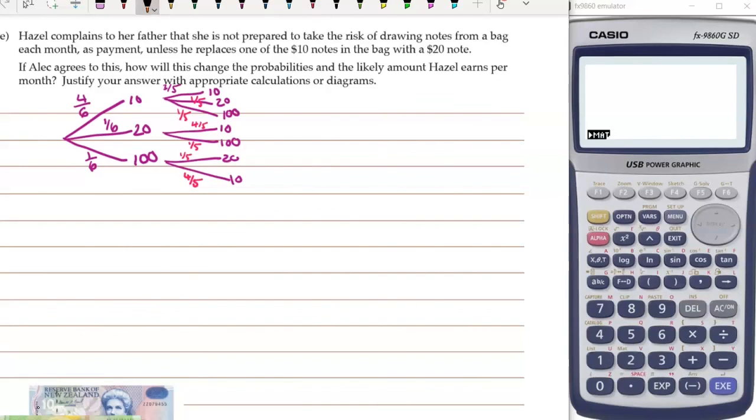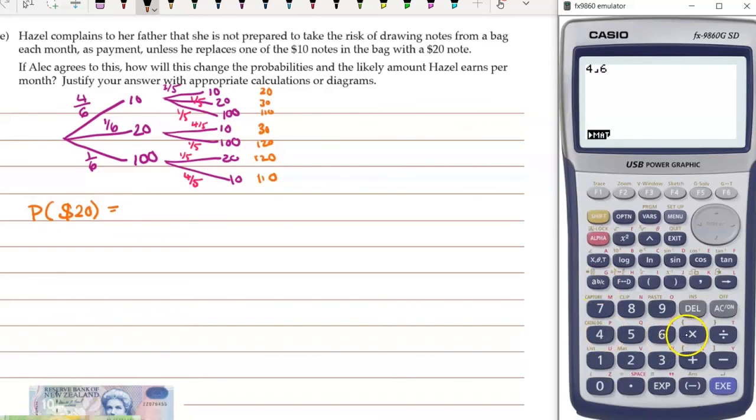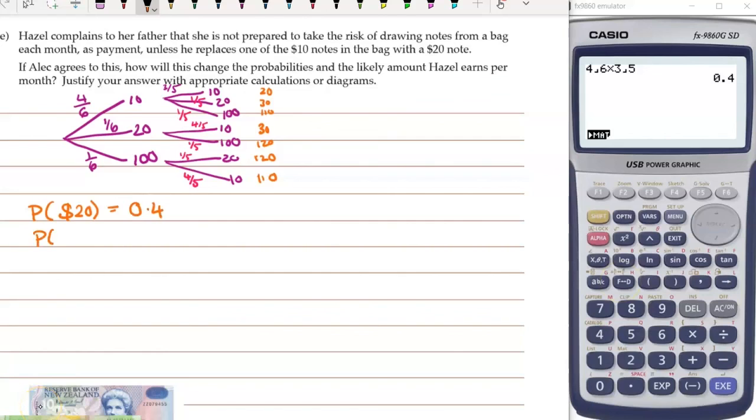Okay, so let's work out earnings. From this top one, she'd get 20, then 30, 110, 30, 120, 120, and 110. All right, so the probability of getting $20 is 4/6 times by 3/5. Probability of getting $30.